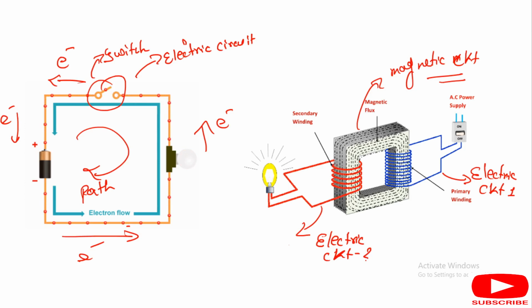The magnetic circuit is made up of magnetic materials like ferromagnetic materials such as iron. When we supply the voltage to the coil of a magnetic circuit, the magnetic circuit is energized, and when it is energized, it will create a flux, and that magnetic flux will travel throughout the magnetic circuit of the magnetic material.